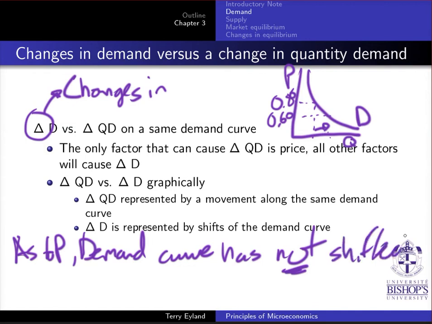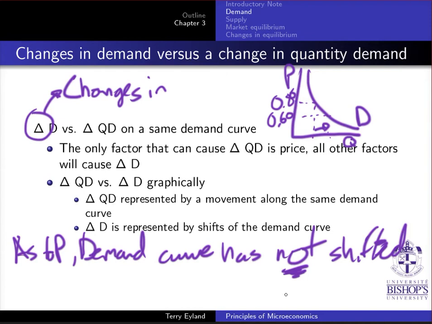It's very important to note that as the price has gone down, the demand curve has not shifted. It has stayed the same because this demand curve represents the relationship between price and quantity at a specific point in time, with a specific level of attributes and everything else going on in the marketplace.